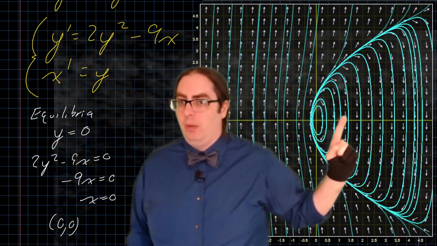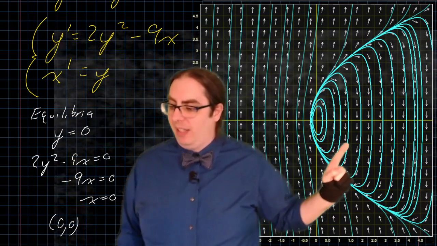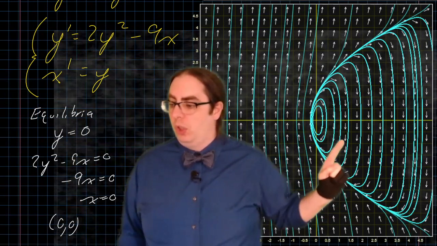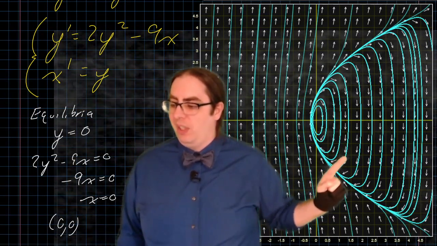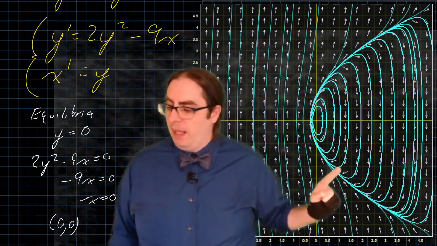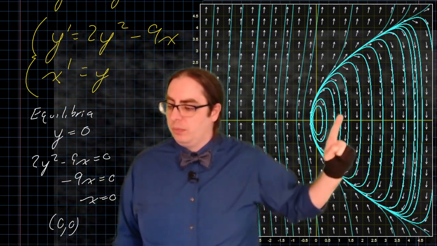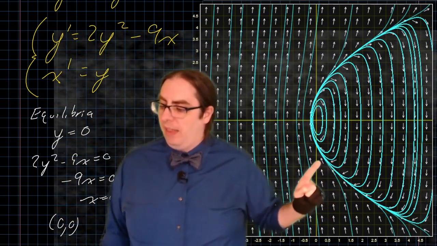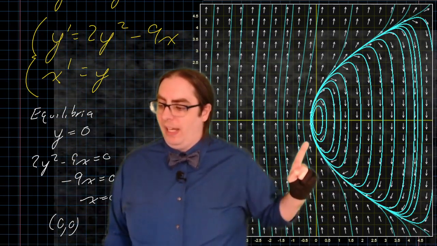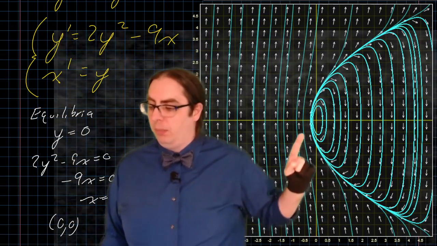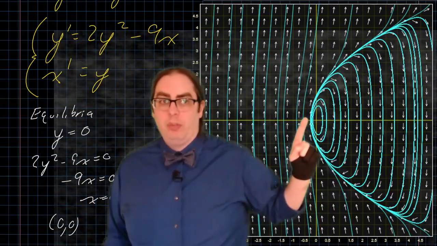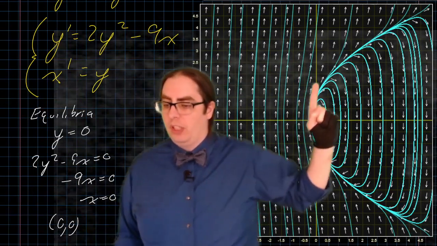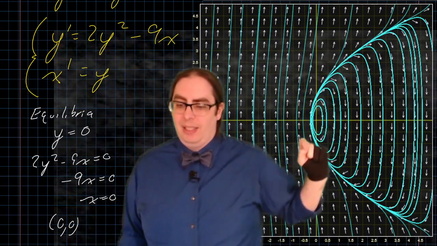And when you let it go, it quickly accelerates. But thanks to the drag, it is going faster and not actually moving all that far before it starts to slow down. So it speeds up quickly and then starts to slow down as it moves, and it slows down quite a bit until it gets to this point over here when it is going to start coming around in the other way.